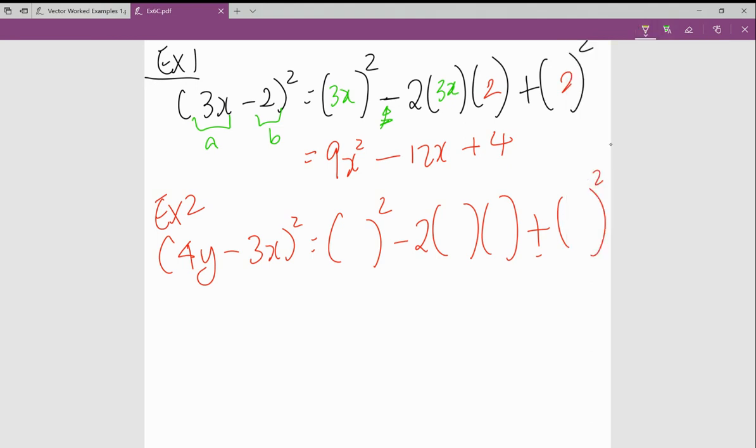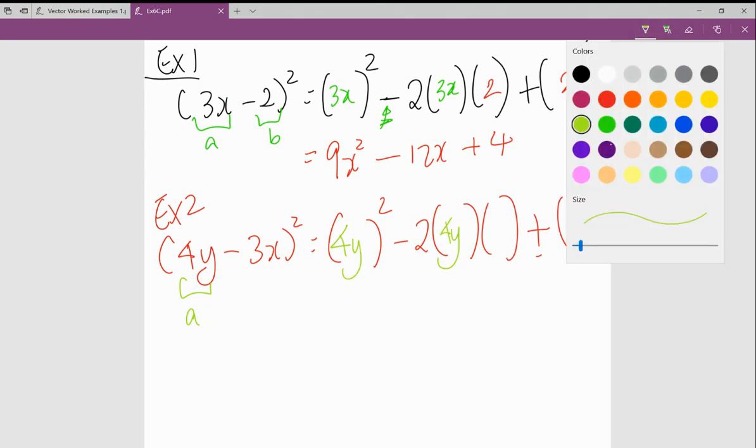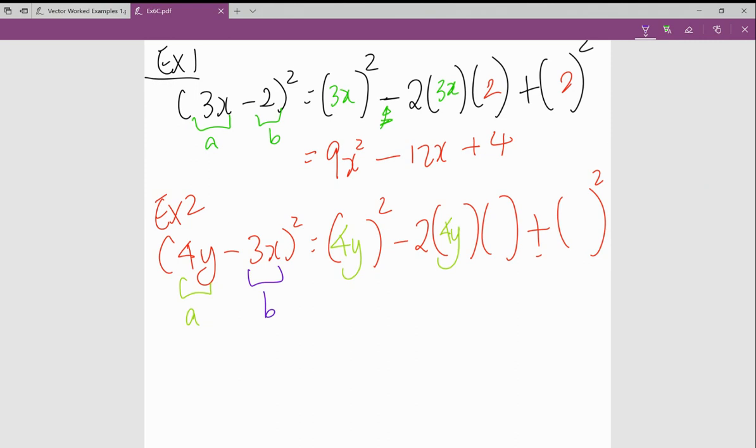We know this is a, so we put 4y, and this is b, so this is 3x. And 4 squared is 16y squared minus 8 times 3 is 24xy plus 9x squared.